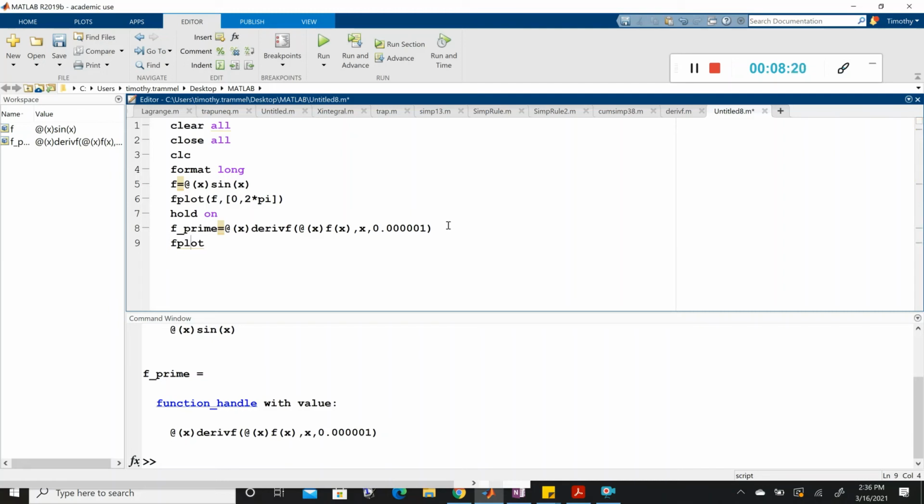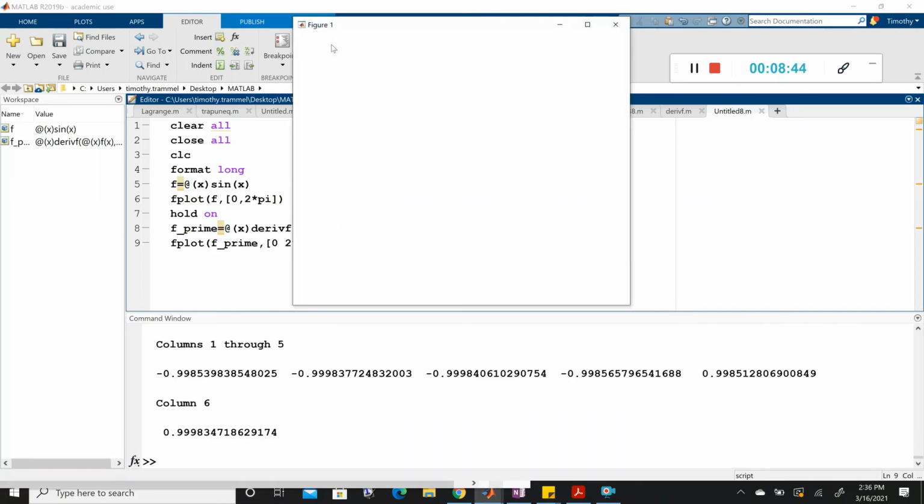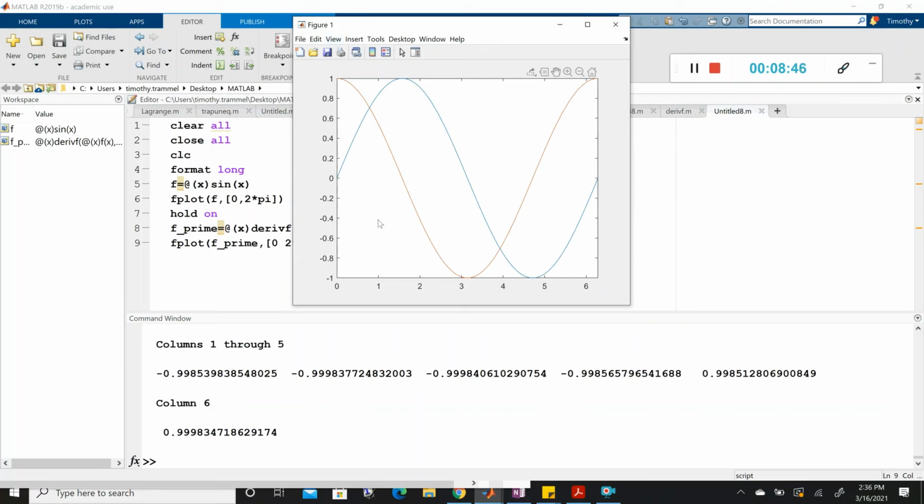We'll use fplot again, and I just need to type in f prime. Let's go 0 to 2 pi. Looks pretty good. That looks like cosine.